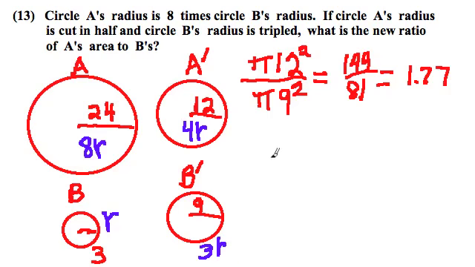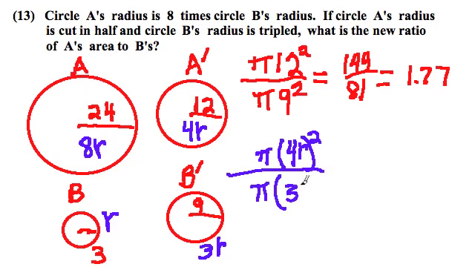So the ratio of their areas would be pi times 4r squared relative to pi times 3r squared.